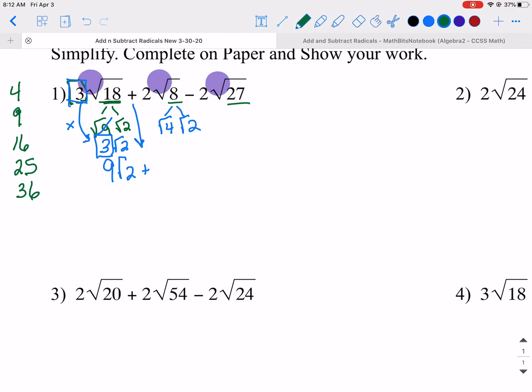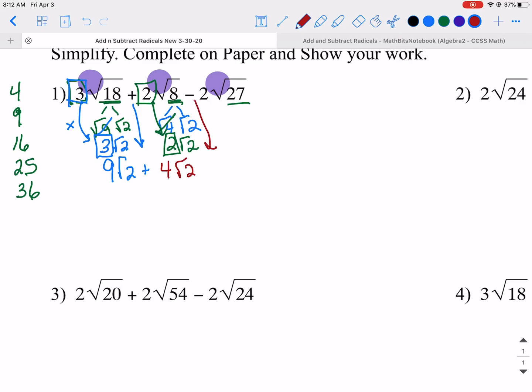And I also know that the square root of 4 is 2. So 2 radical 8 breaks down to 2 times 2 radical 2. So now I've got a 2 outside and a 2 outside here. What do you do with those numbers? Hopefully you said multiply. So 4 radical 2.